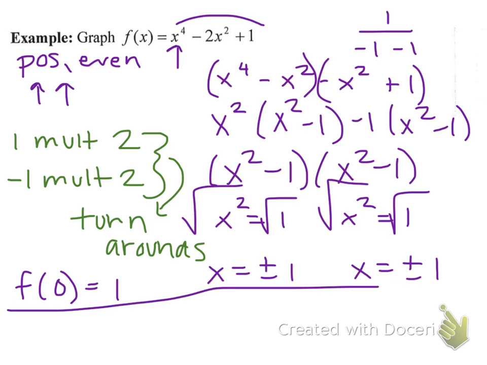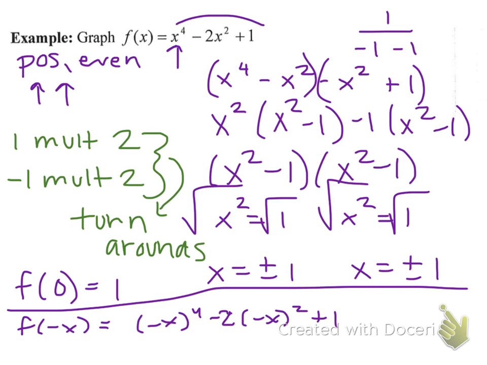If I plug in a negative x, I'm going to have a negative x to the 4th power minus 2 times negative x to the 2nd power plus 1. So this will be a positive x to the 4th. This will be a negative 2x squared, because the x squared will turn positive but times the negative 2. And then a plus 1. So notice it didn't change at all. It's the same as what I started with. So this is even, which means it's symmetric over the y-axis.